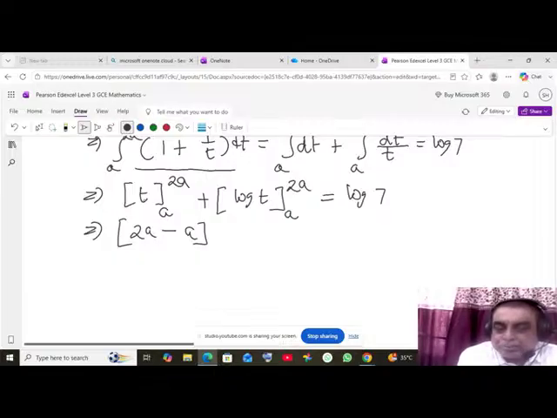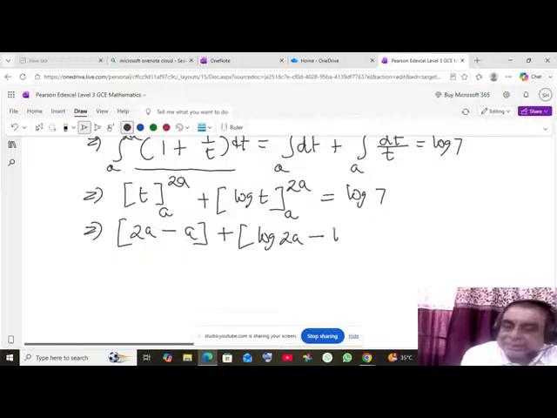So in the place of t, first you write the upper limit, then minus, in place of t you write the lower limit, plus. Do the same thing here. In place of t, first you write the upper limit 2a, minus, then in place of t you write the lower limit a, and the value is equal to log 7.